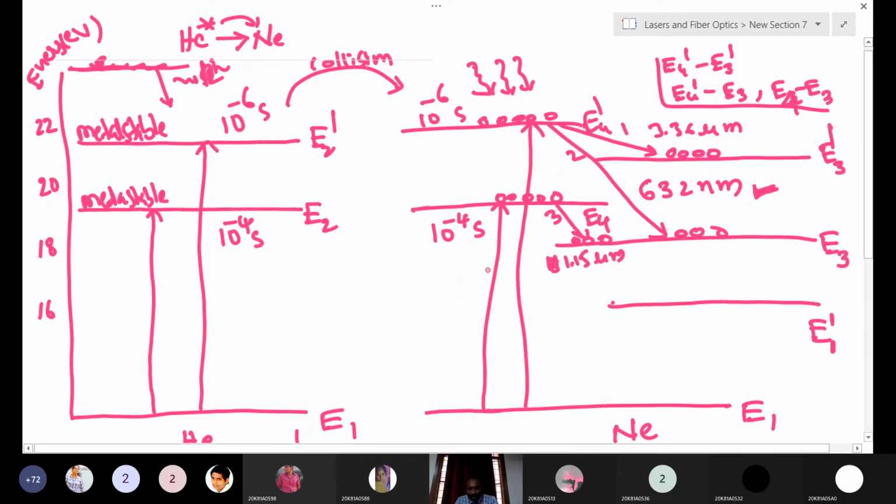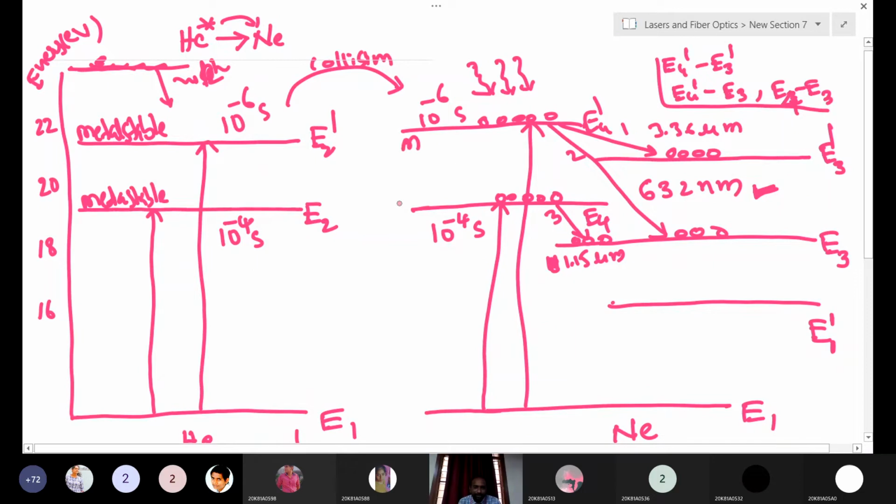So we initially give some energy, but that is not sufficient, so the neon atoms take energy from excited helium atoms. Helium atoms collide with neon atoms in the discharge tube and exchange energy. Once neon atoms get sufficient energy, they make a transition to this metastable state.